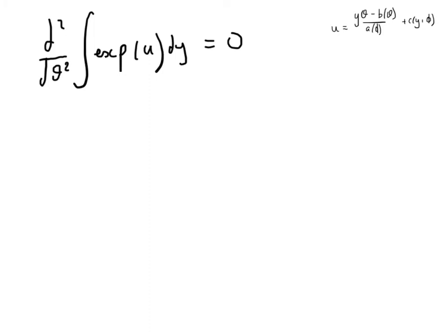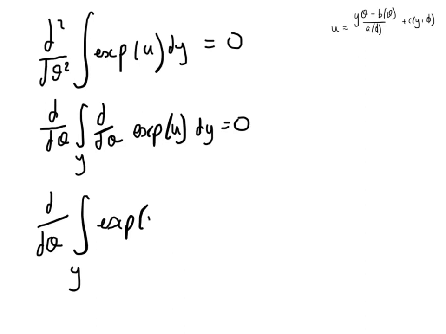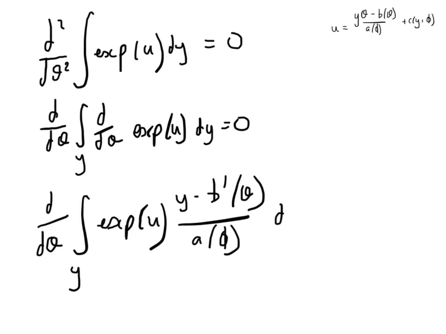As before, we believe we can reverse the order of the operators, so I can take the differential of the integral of the differential of exp u, and we know how to do that already. So we can write the answer: the differential of the integral of exp u multiplied by y minus b prime theta over a of phi, with the integration with respect to y.